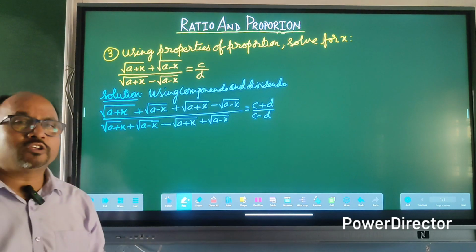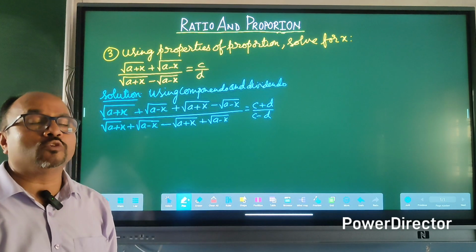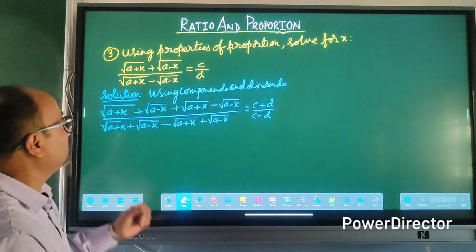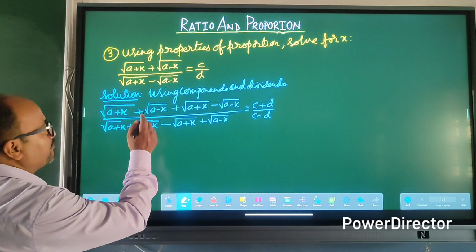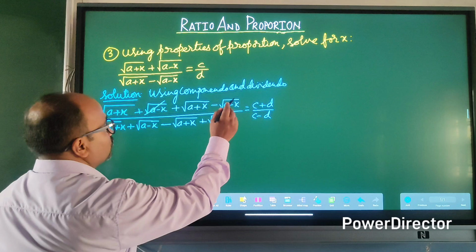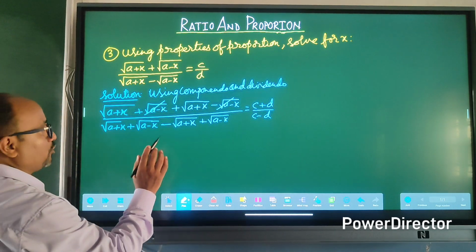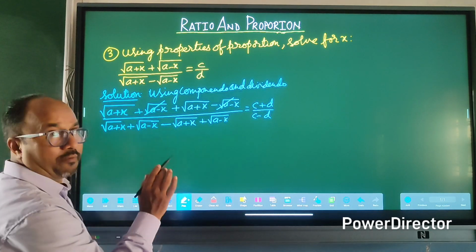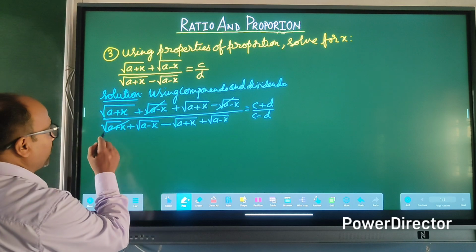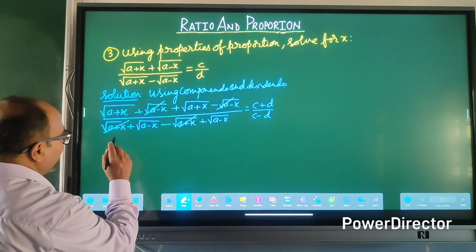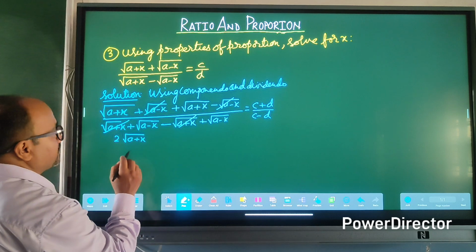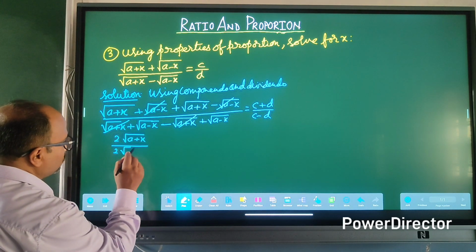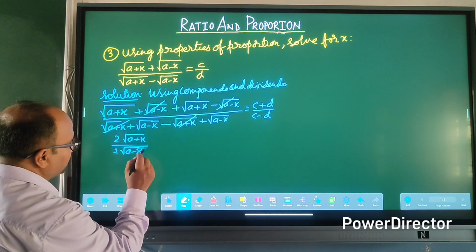Now whenever you apply this, you will find that in the numerator some parts will get cancelled. I see minus under root of a minus x and plus under root of a minus x, so this is cancelled. In the denominator, minus of under root a plus x and plus of under root a plus x, so cancelled. So I get here twice of under root a plus x by twice of under root of a minus x.